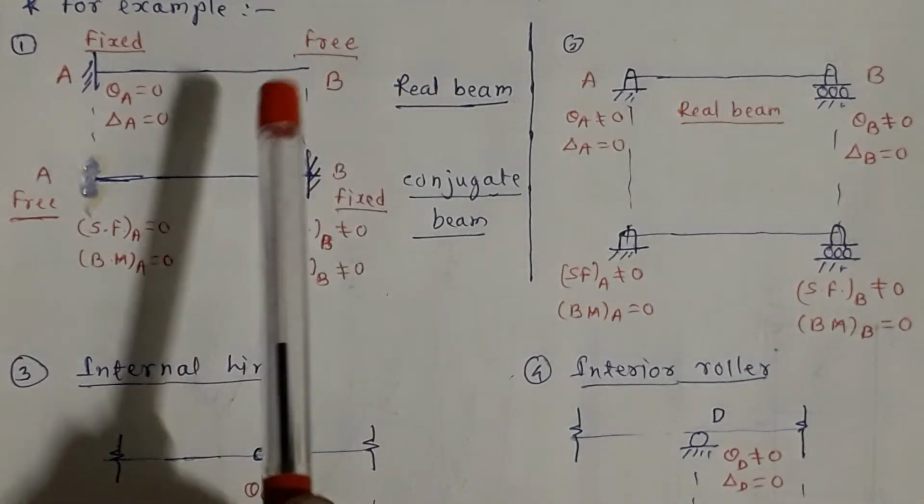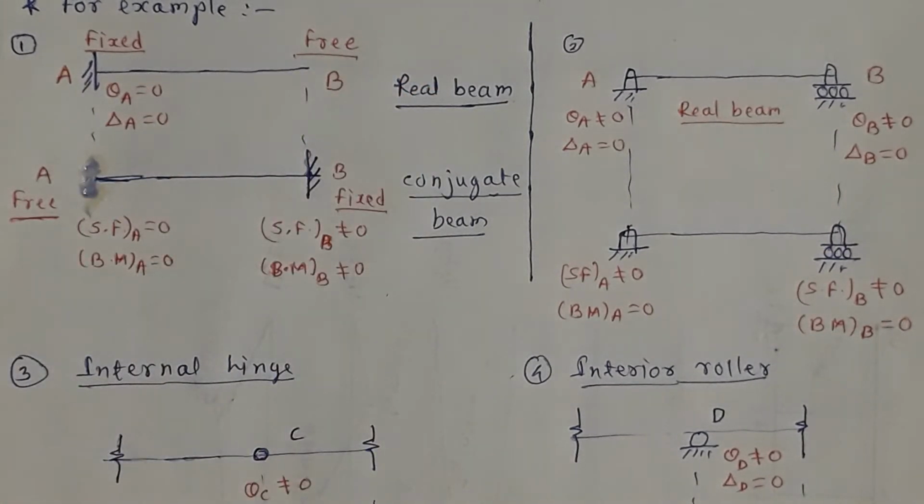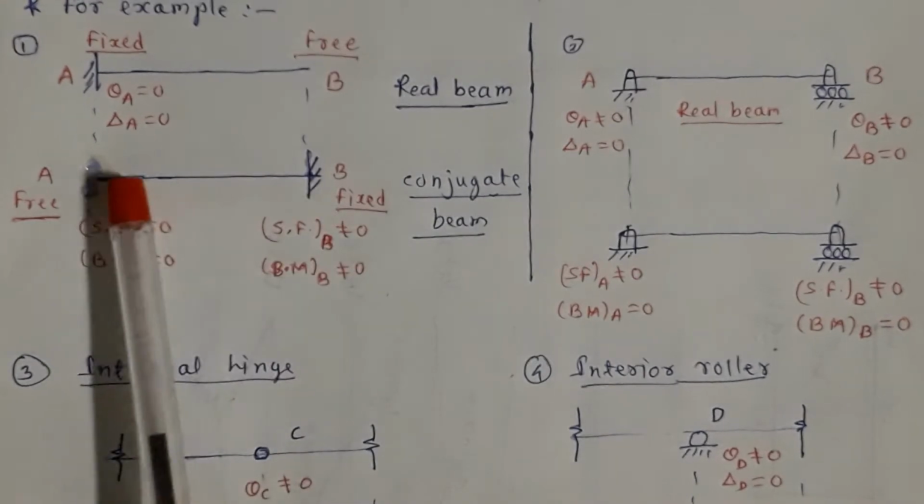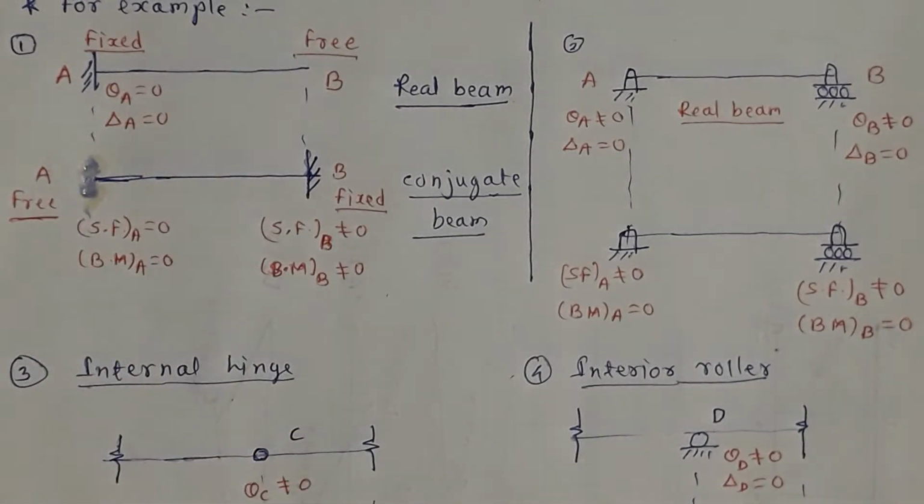Again, the first question is, what is the span of the conjugate beam? We know that the span of the conjugate beam is equal to the span of the real beam. So I am going to consider the spans of both beams as the same. Now I want to change the supports in order to maintain the analogy between the two beams.